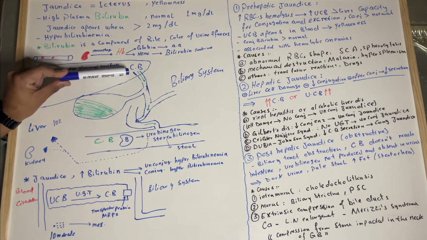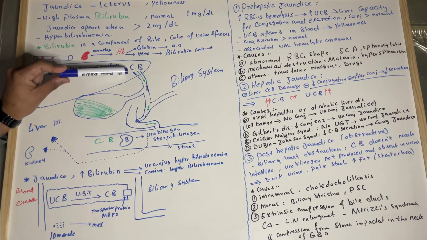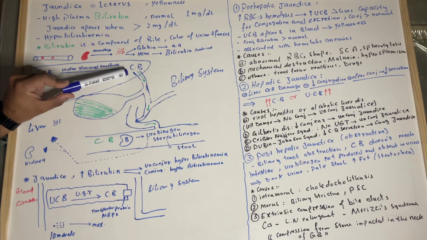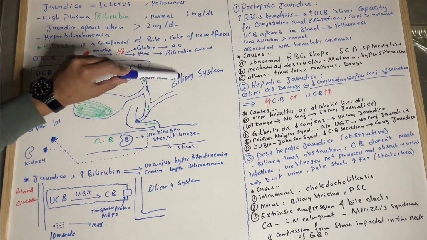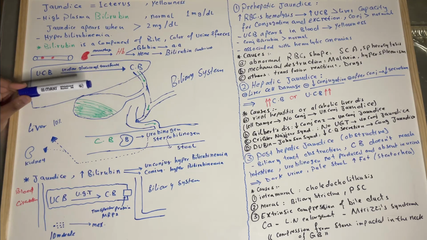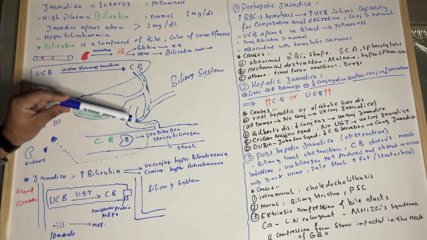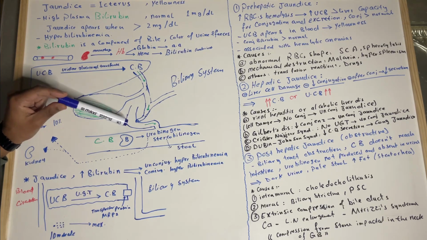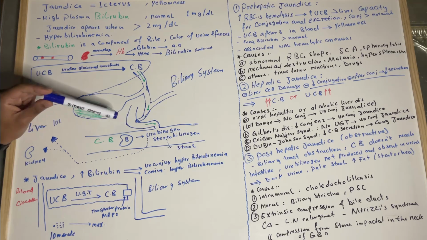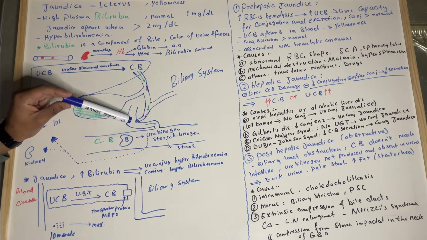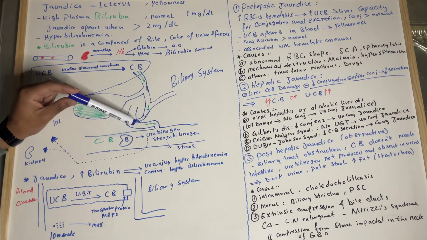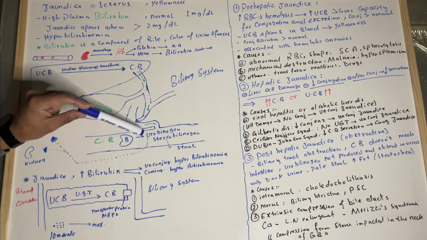Then this conjugated bilirubin is secreted into bile, and the bile is secreted from the liver into the biliary system. Then conjugated bilirubin is transported into the small intestine, and since it's not processed inside the small intestine, it passes to the colon or large intestine.